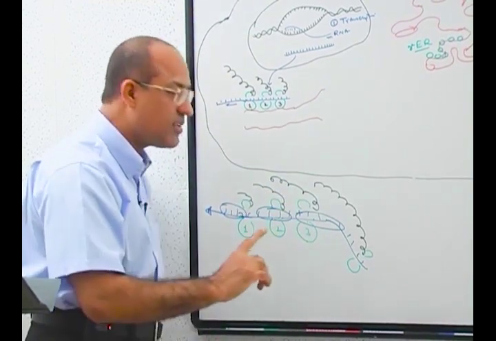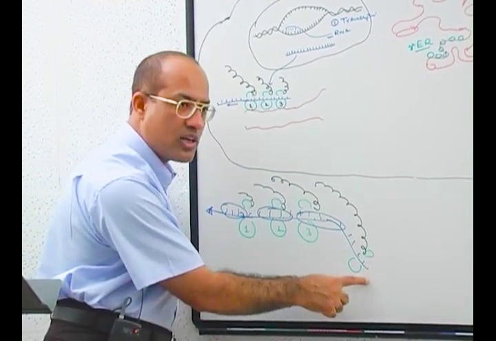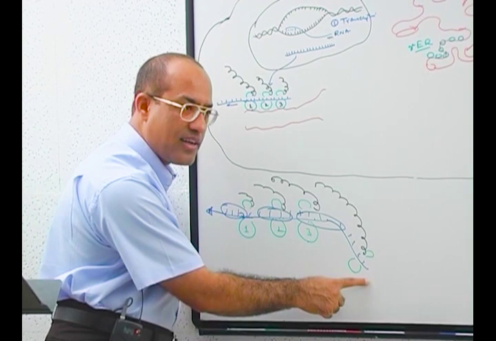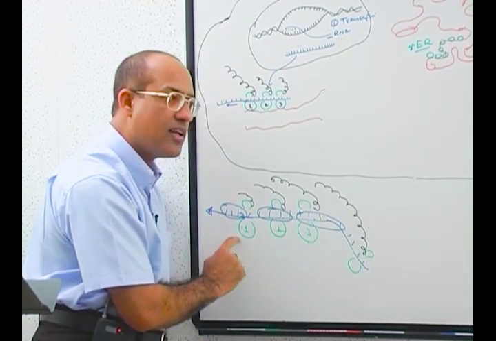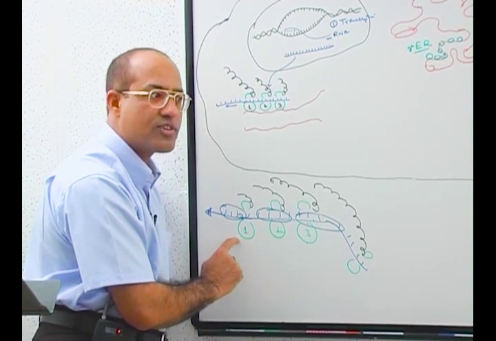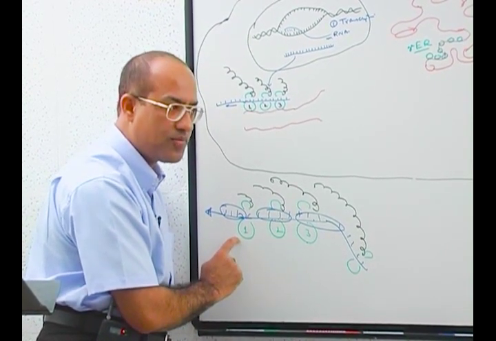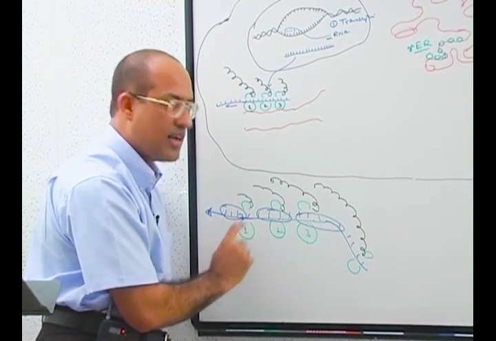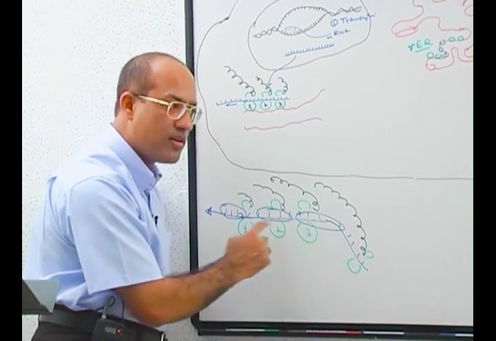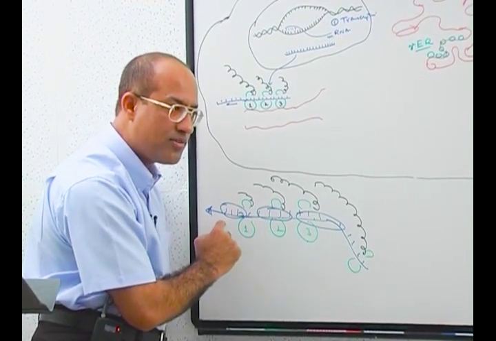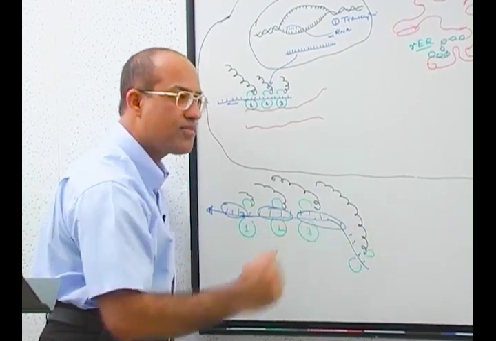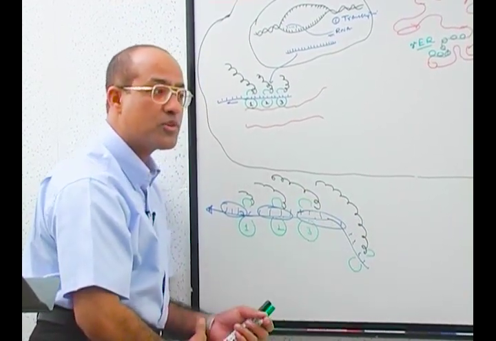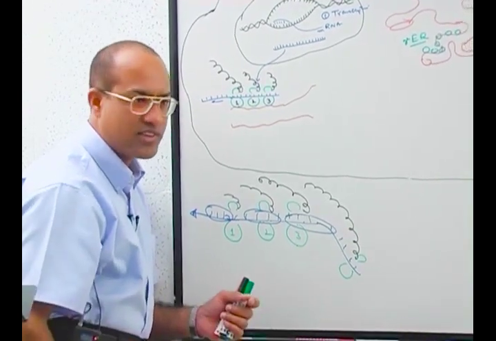The only difference is the ribosomes which are nearest to the tail end of the messenger RNA must have translated the most of it, and those near the head end must have started translation just now. Is that right? But eventually every ribosome will translate the same amount of messenger RNA and produce the same length of peptide chain with the same sequence of amino acids inserted into that chain.